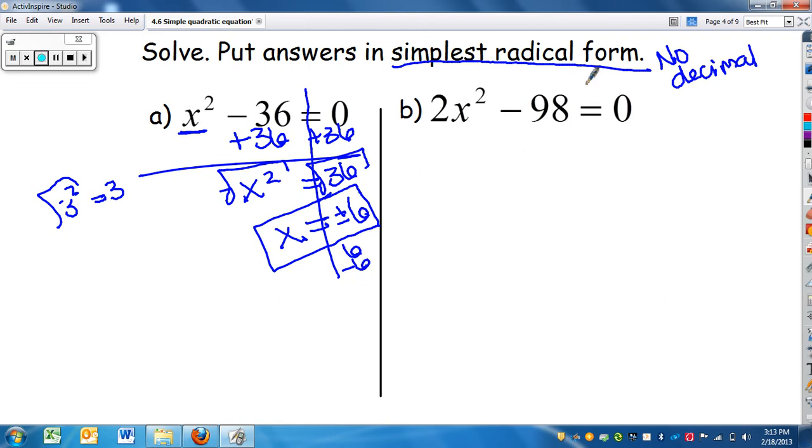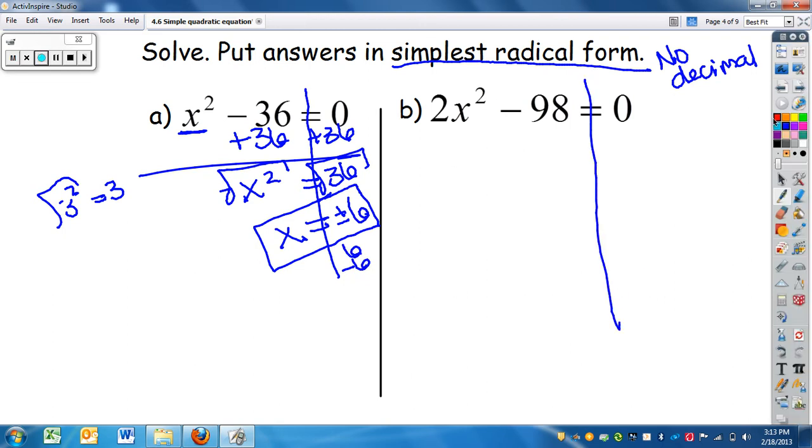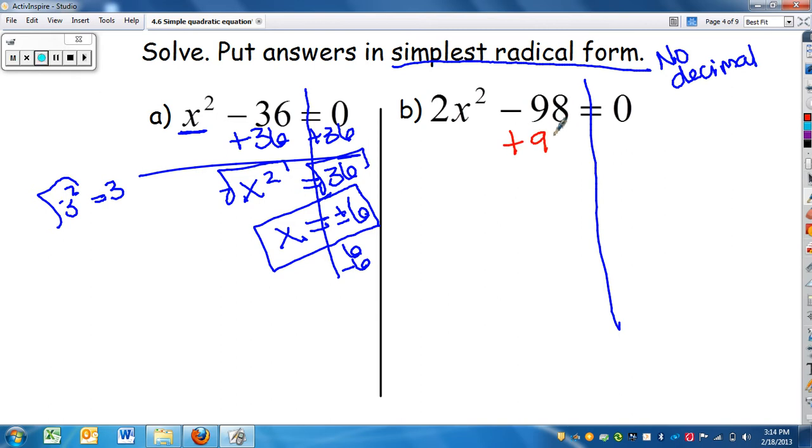So on B, first, when I'm adding and subtracting, I'm going to move 98. I get 2x squared equals 98. X squared is still not by itself. I have 2 and they're multiplying in between, so I'm going to divide.